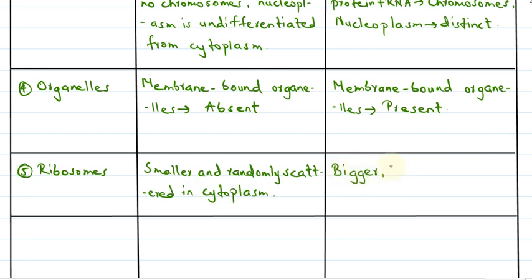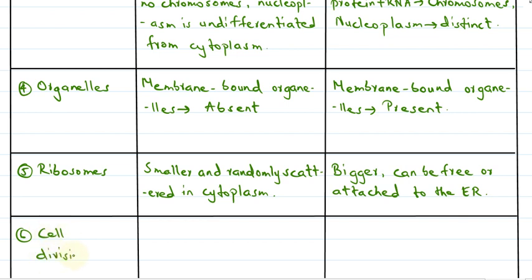They are bigger and they can be free or they can be attached to the ER, that is to the endoplasmic reticulum. Okay, then the next would be cell division.